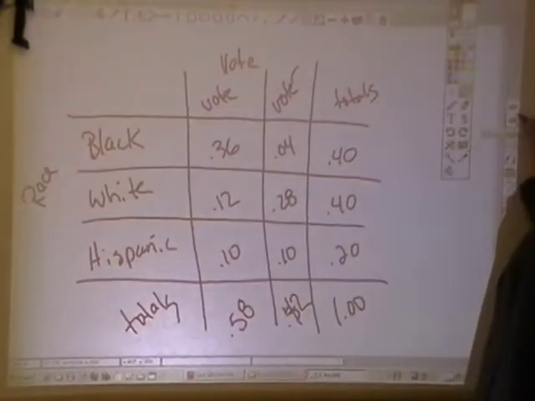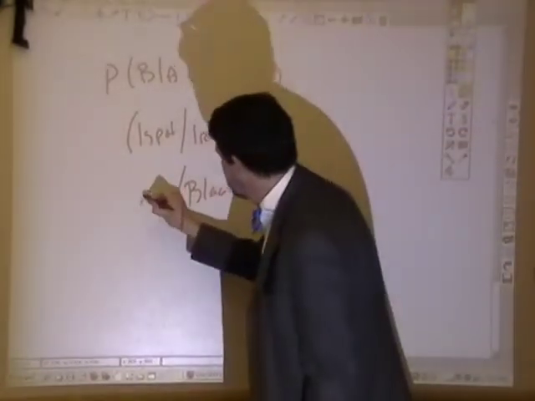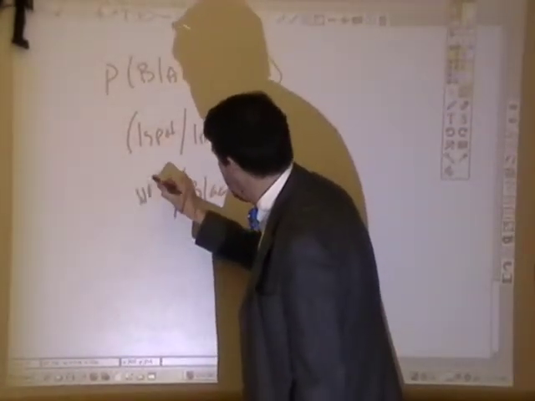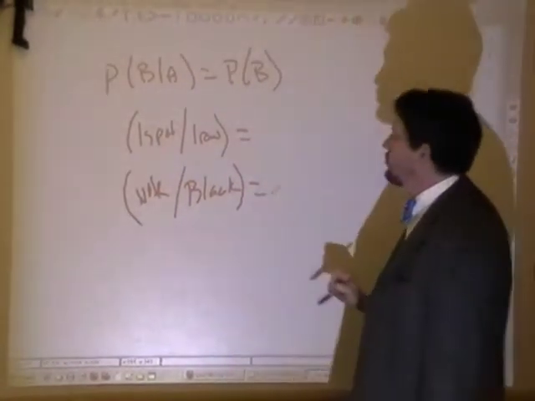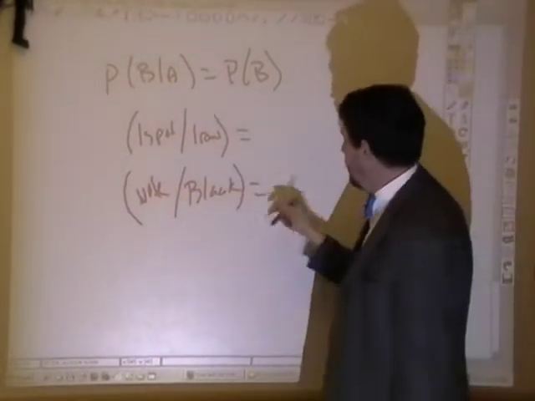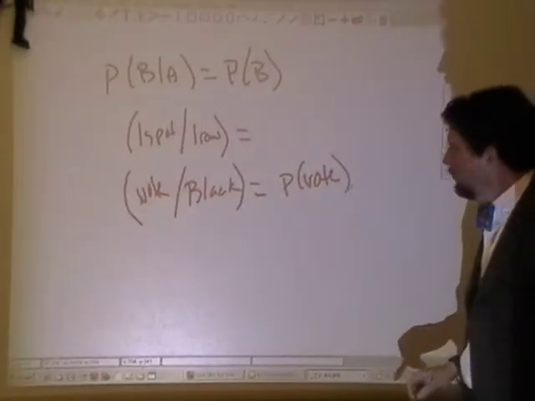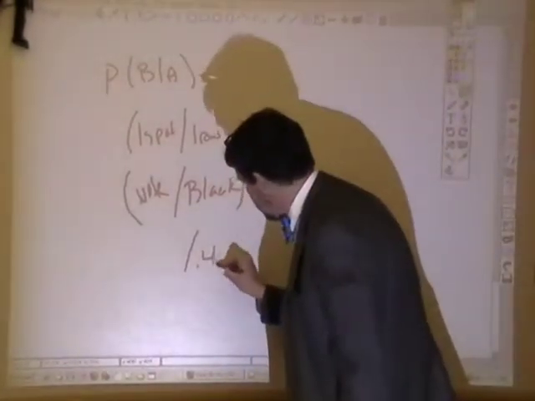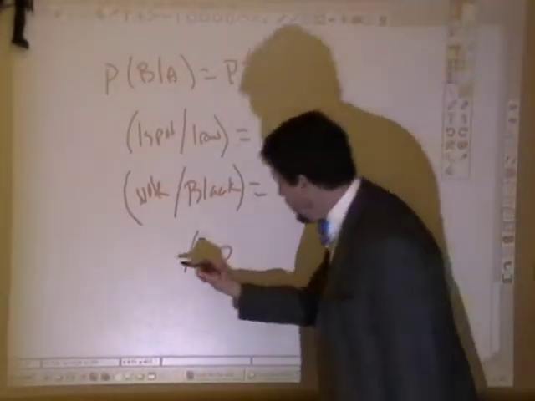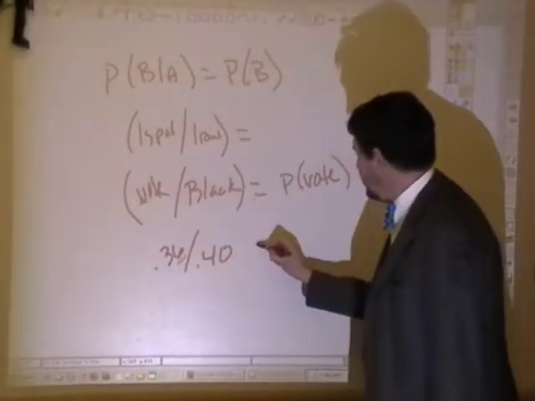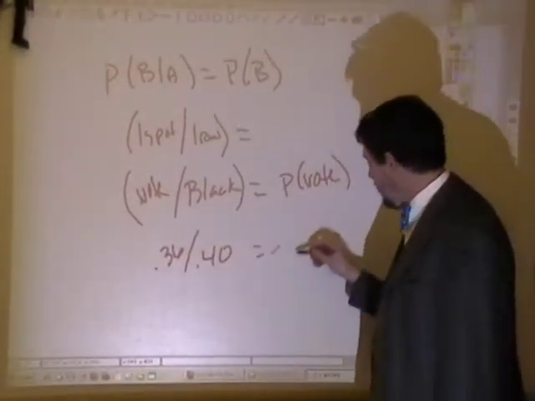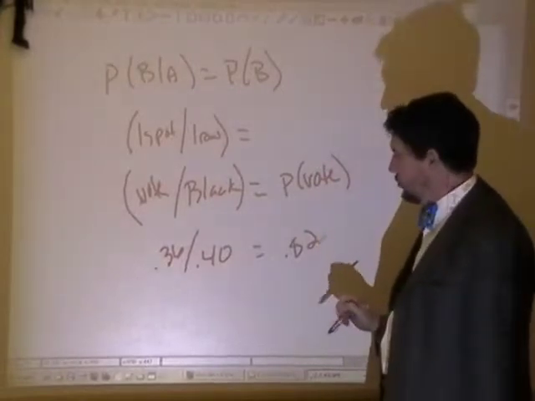That'd be 0.36. I'll write this as vote, has to be equal to the probability that you voted for this guy. So this is 0.40, this is 0.36, and the probability that you voted for this guy is 0.52.